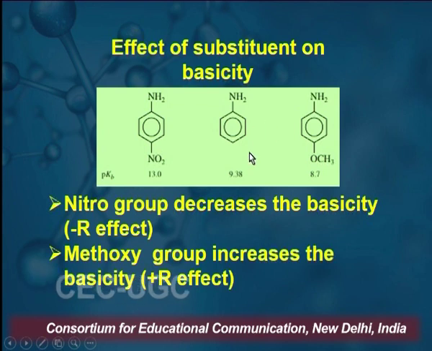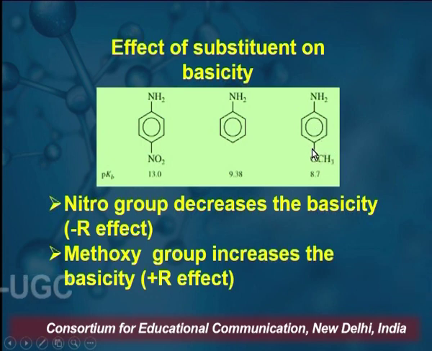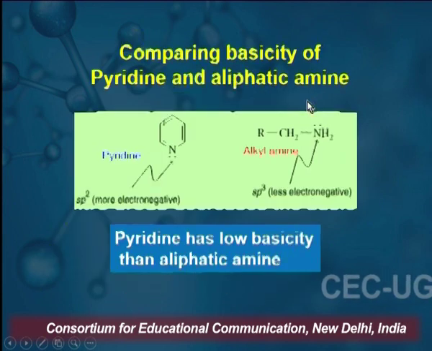Regarding the effect of substituents on basicity, the nitro group, being electron withdrawing in nature, will take away electrons, will decrease the availability of electrons on nitrogen and will make it less basic, whereas an electron releasing group like methoxy will increase the electron density on nitrogen and will make it more basic.